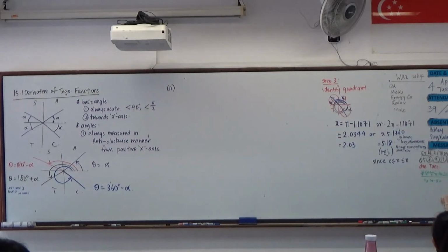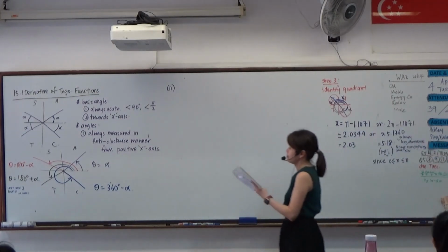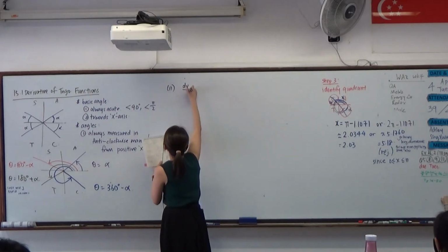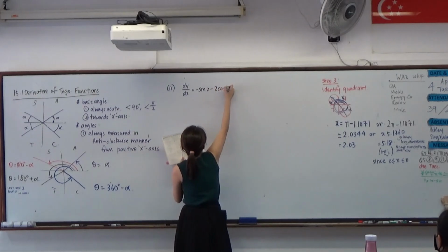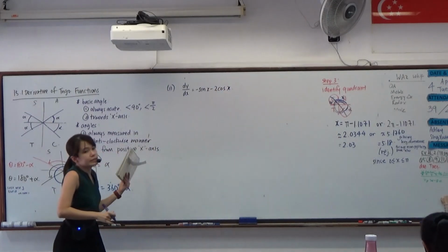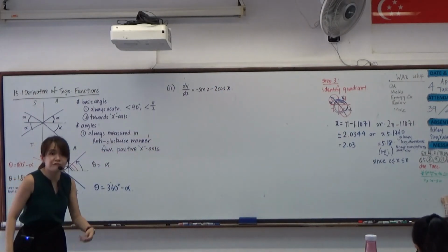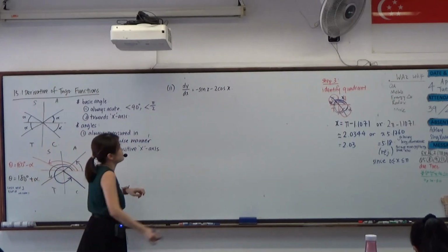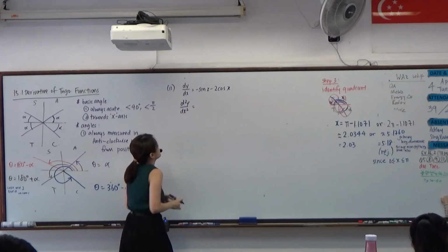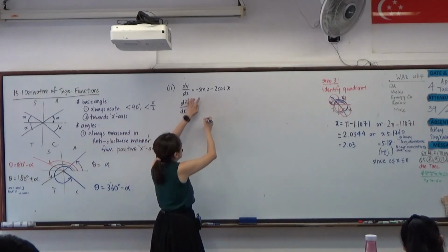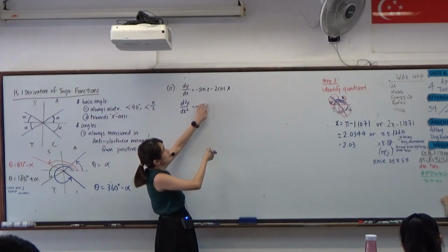And in the earlier part, we already found the first derivative, that dy over dx is negative sine x minus 2 cosine x. So it's up to you whether you want to do the first derivative test or the second derivative test. To me, I will do the second derivative test, because this one is manageable in differentiation.